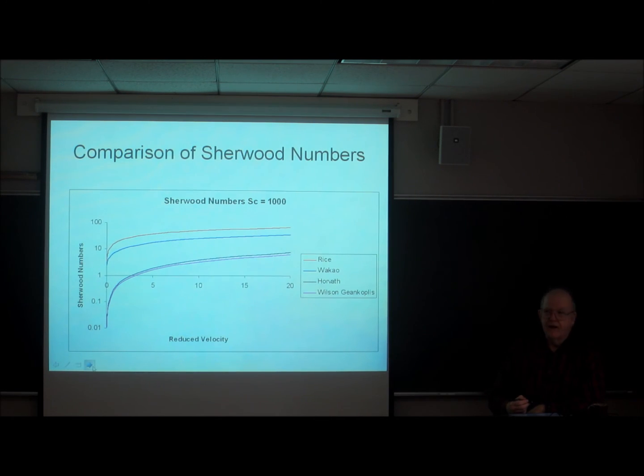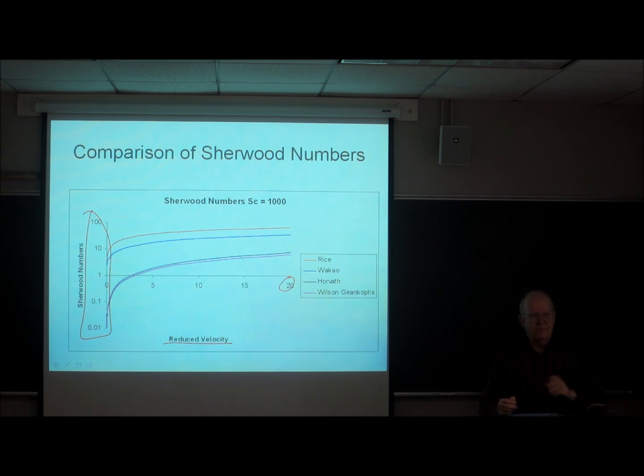This is how they plot up. This is a log scale. I kept the reduced velocity. I'm not using Reynolds number now, I'm using reduced velocity. But I kept the reduced velocity in the range of where a chromatographer would care about it. And these are typical reduced velocities, a little bit above the optimum.